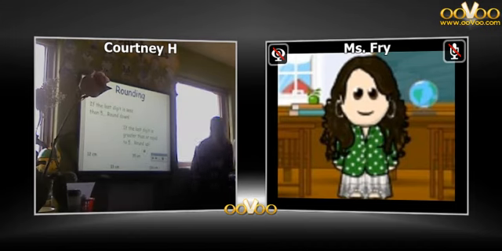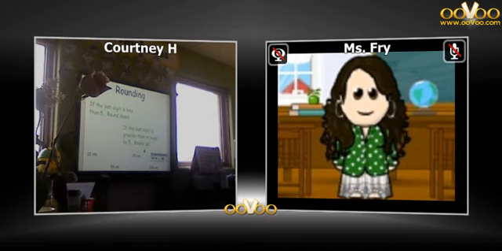What about 35? How are we going to round that one? 40. How did you do that? How did you know to round up? So you start rounding up when you get to 5 or bigger, so I rounded up.